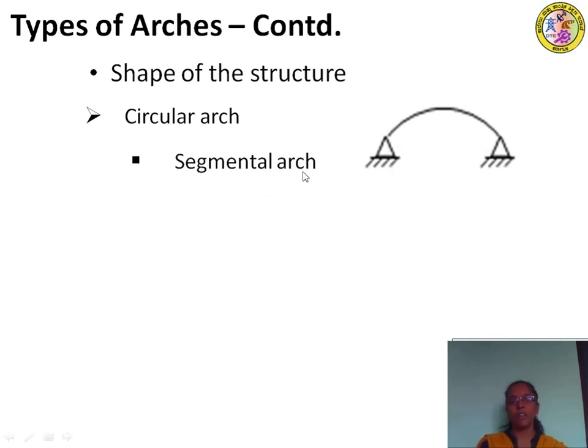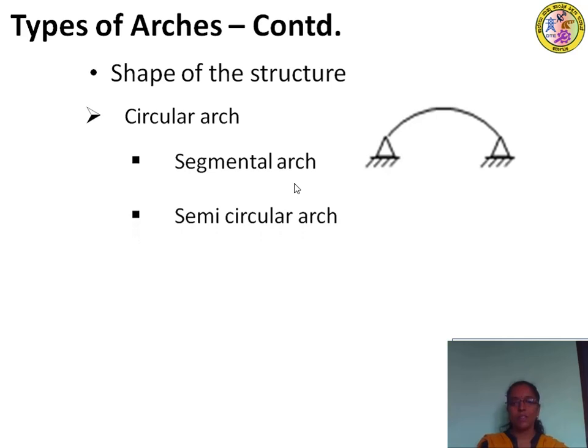That is why it is called a segmental arch, which means the arch shape will be a part of a circular arch. It may be a segment of a circle, or in the shape of an arc of a circle. So it will not be a complete semicircle or full circle. It will be just a part of a circle. Therefore, it is called a segmental arch.